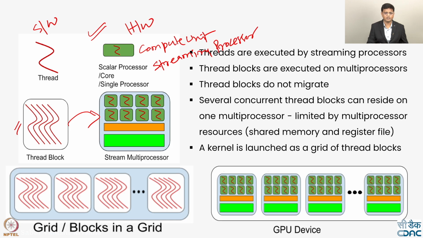Each streaming processor can process only one thread at a time. So, you can see that threads are mapped onto the streaming processor, and a thread block is mapped onto the streaming multiprocessor.